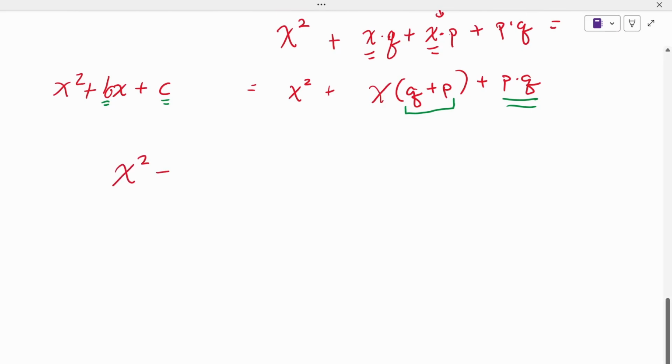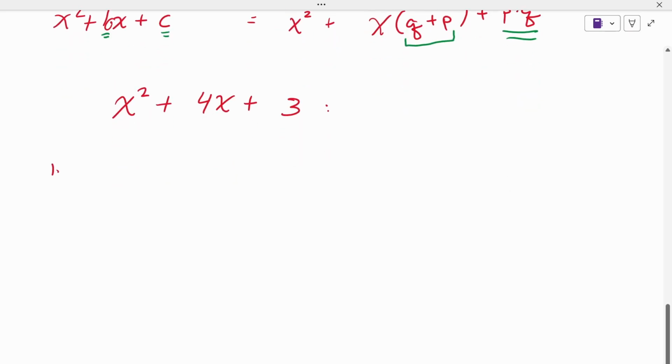So we're going to use this x squared plus 4x plus 3 as a demonstration for how the guess and check technique works. Step 1 is we are going to factor the last term of the trinomial.